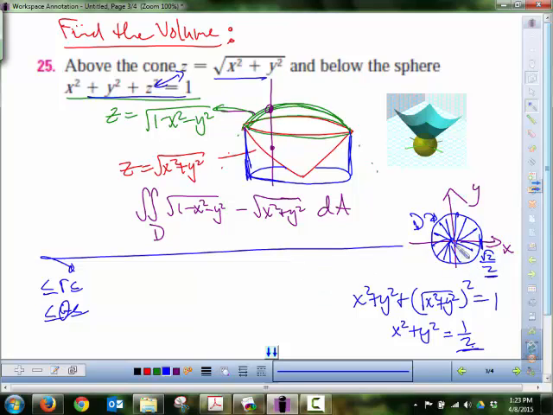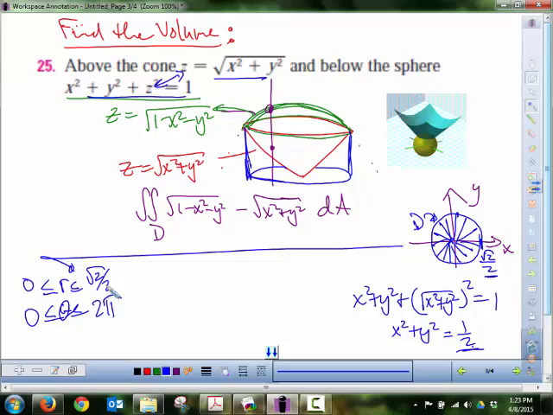But if I just want to describe the circle centered at the origin with radius root 2 over 2 in terms of polar coordinates, what are my r limits going to be? 0 to the radius, root 2 over 2, and my theta? Looks like I went all the way to 2 pi. So that's my whole circle. Okay?